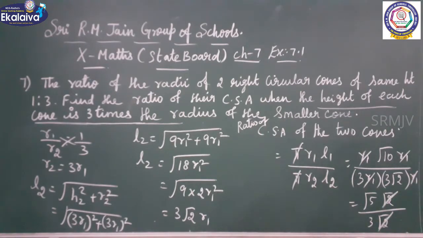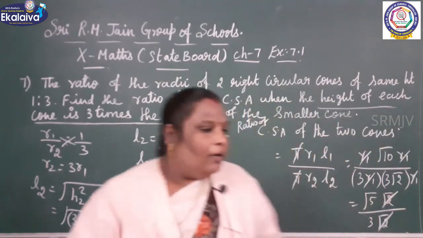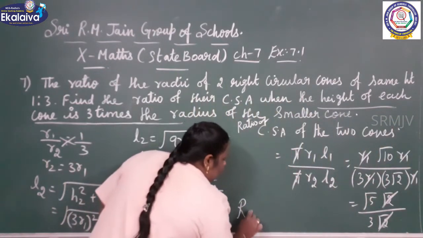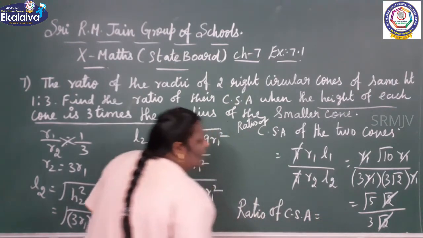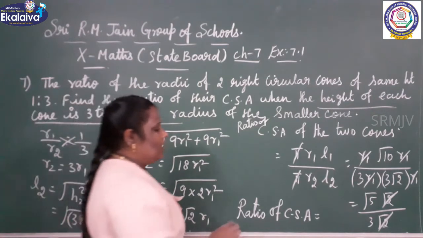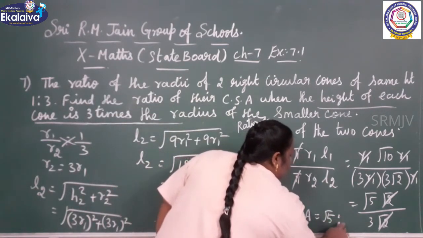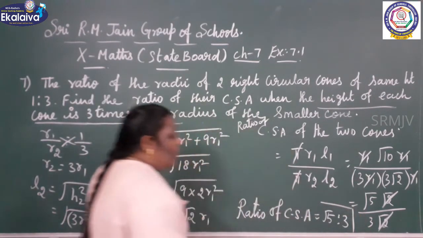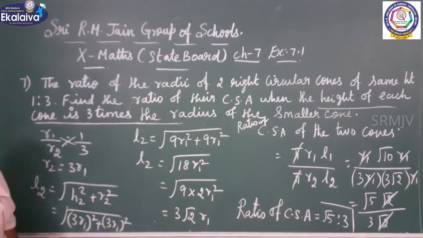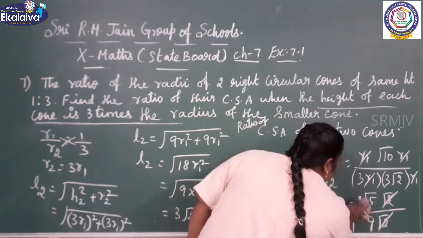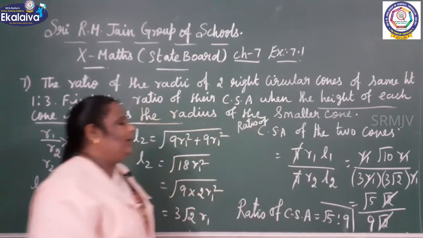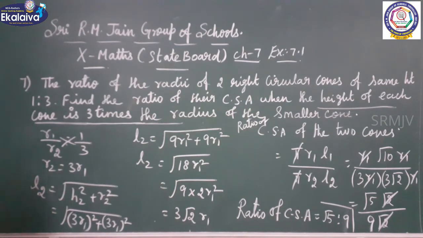So the ratio of curved surface area equal to root 5 is to 3. Then 3 into 3 is 9. The ratio of curved surface area equal to root 5 is to 9.